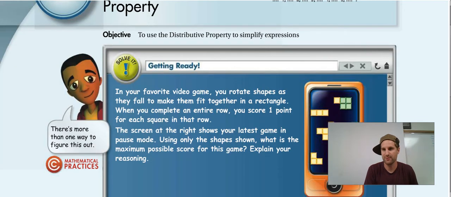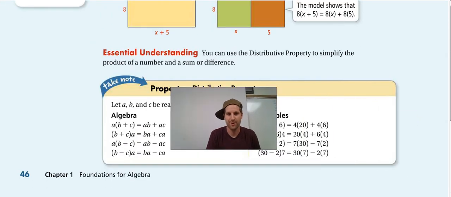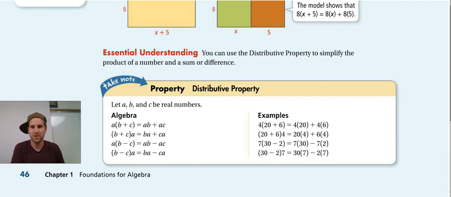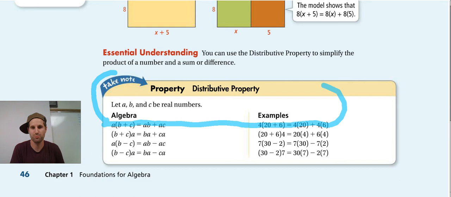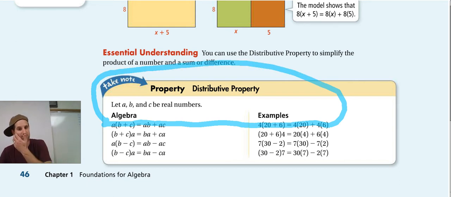So you wrote that down. We're also going to write this down, but you don't have to write every single piece because it's repetitive. I'm okay with you just writing the first line and the first example. Again, for the distributive property, we could say a times b plus c, and we distribute it in.